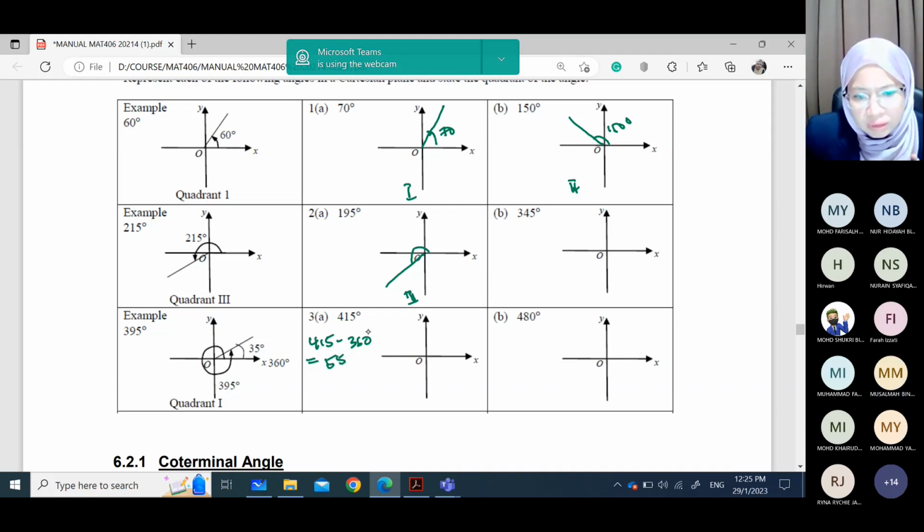Okay, so dia membuat satu putaran lengkap sini dan dia berhenti di sini. 55 degree kan sebelum 90 degree. So kat sinilah first quadrant. Okay, membentuk satu putaran lengkap dan dia stop pada sudut 55 darjah, iaitu pada first quadrant. Boleh? Macam tu. Okay, boleh? Alright.